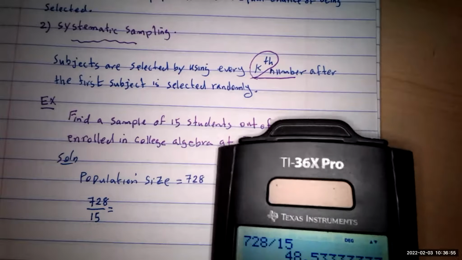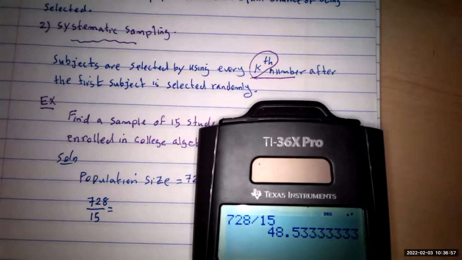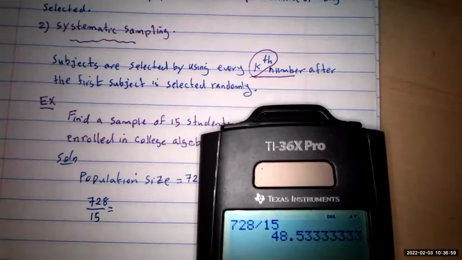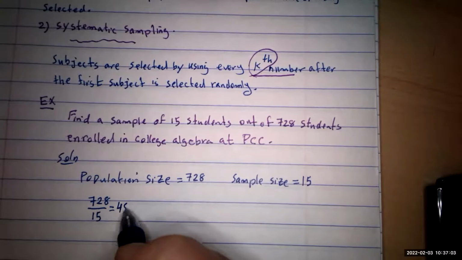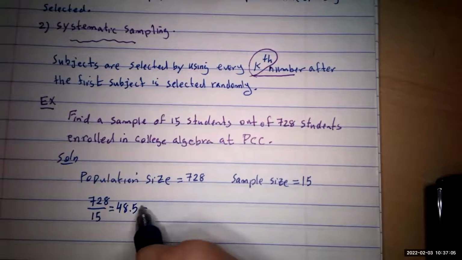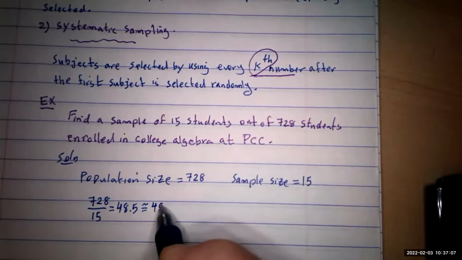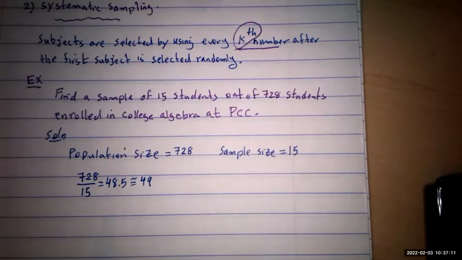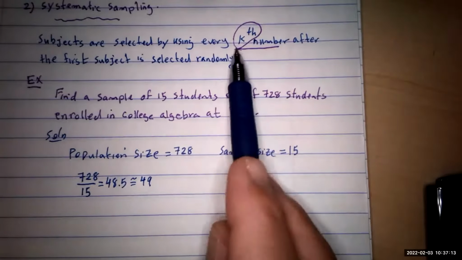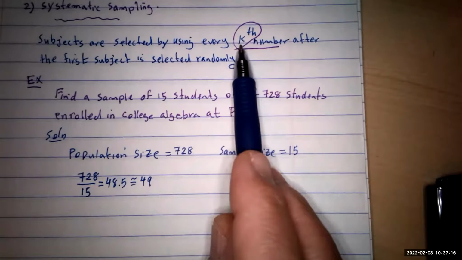You see that gives something like 48.5. You can call it 48 or 49, doesn't matter. Okay, call it 49. So that gives the range that you can pick for this K.